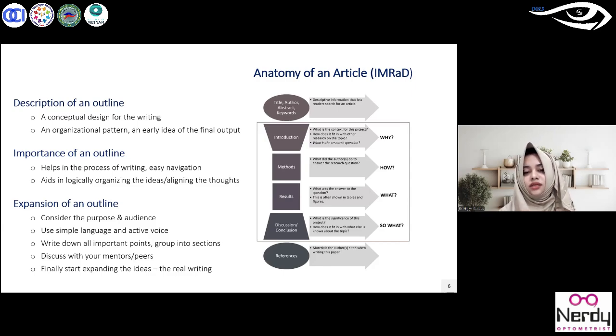Once an outline is ready, you definitely have to discuss it with your supervisor, peers, or co-authors, and see if any alterations are needed at that point in time. When that turns out to be a tentative framework, then start expanding the points step by step.